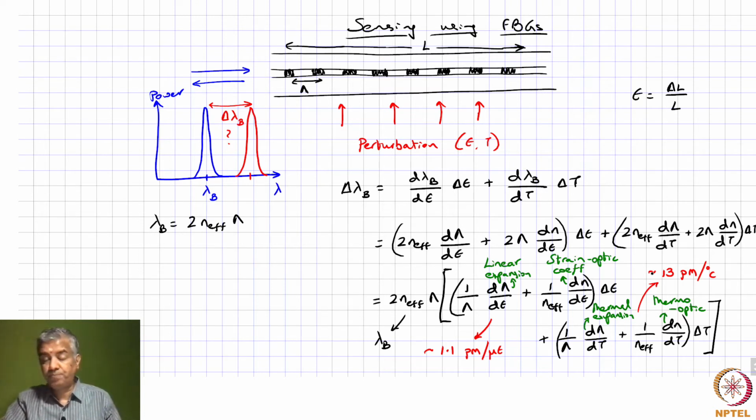Okay, but of course, if you are able to pick that up, you can say that it is due to perturbation at the grating location, and that's because of the fact that this wavelength information is not corrupted by all these traditional noise sources. So that's the advantage we have, but nevertheless it is a challenge to pick up such small changes in the wavelength itself.